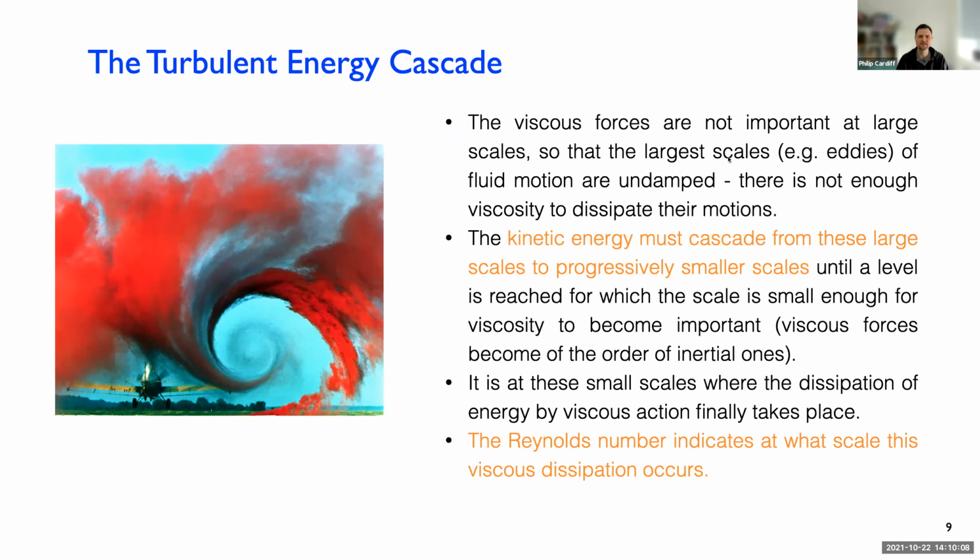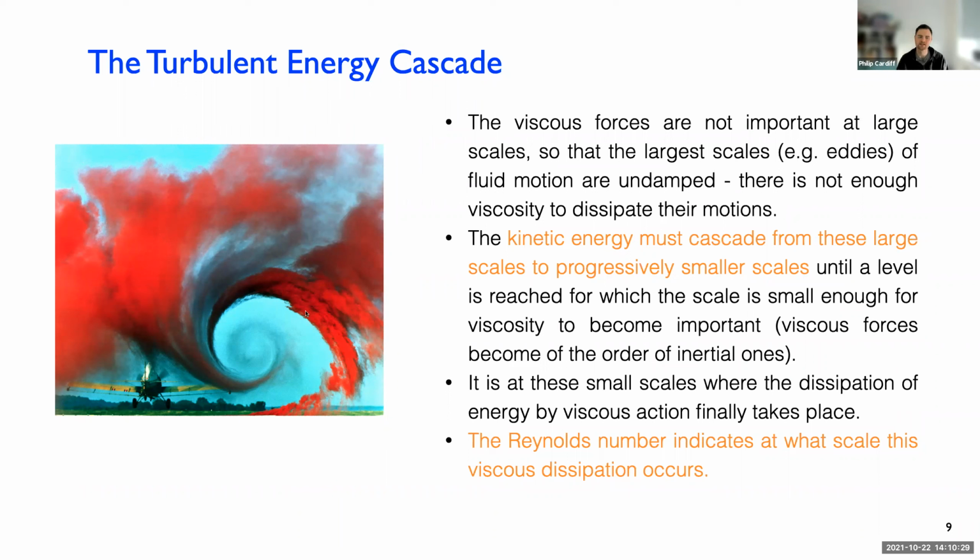So the way it works is there's something known as the turbulent energy cascade. Initially, from some external stimulus, in this case the plane flying, energy is imparted into the flow to generate these large vortices or large eddies. And that's where all the energy goes. All this external energy goes into creating these large eddies.